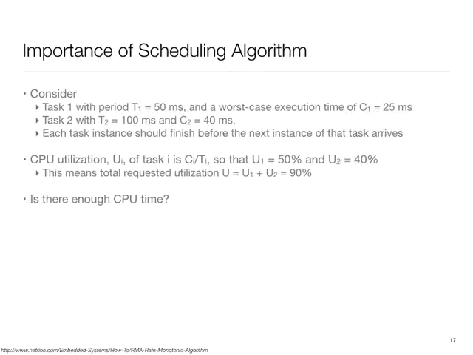But not if I'm worried about the deadlines. So looking at utilization is not the complete story. Certainly, if 50% plus 40% was more than 100%, then I would have a problem. So the utilization of the tasks necessarily cannot be more than 100%.